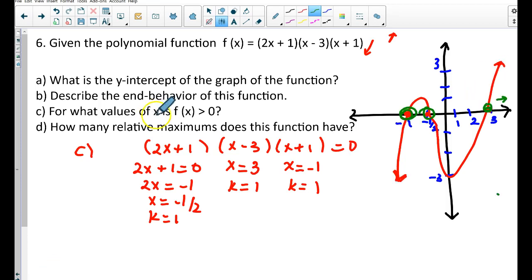So for part C, you're looking to find the values of x for which f of x is greater than 0, meaning what x values are shown where y is greater than 0. That means your values of y are above the x-axis. And we can see that occurs between negative 1 and negative 1/2.